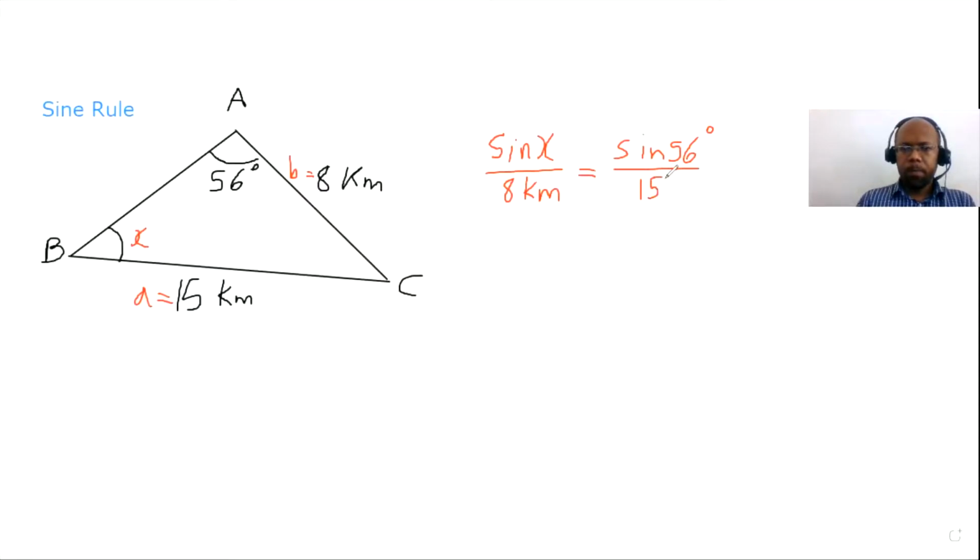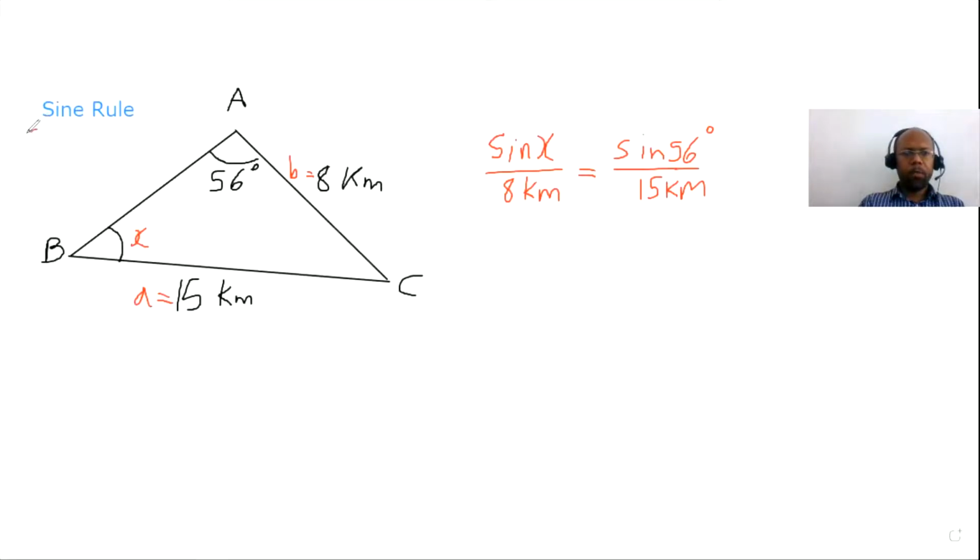Okay, so this follows the sine rule. Why I have the sine of X here is because we always like to have the unknowns on the left-hand side. If it was over here, I would have had to get sine of X by itself and then get it to the left-hand side.